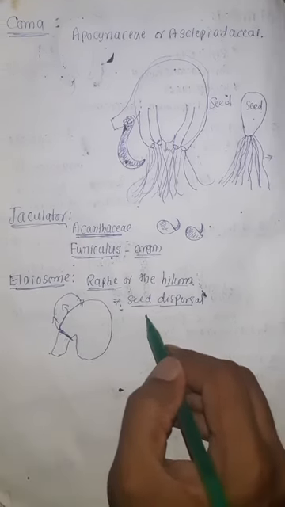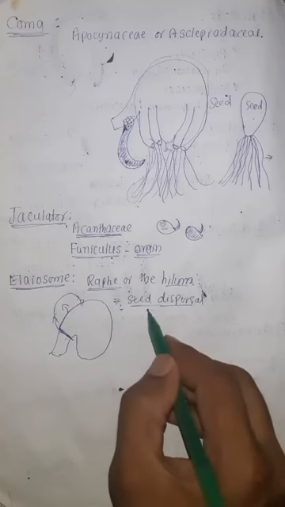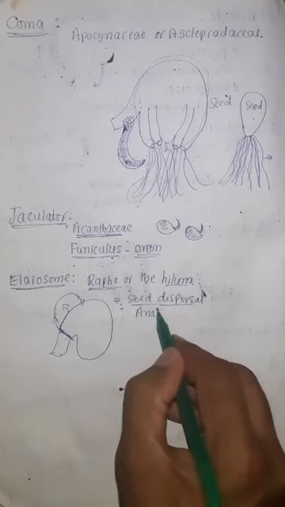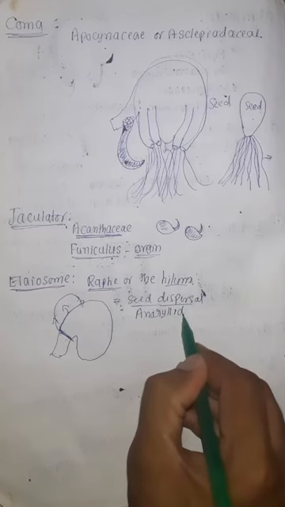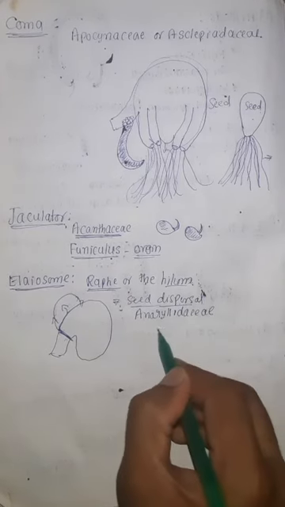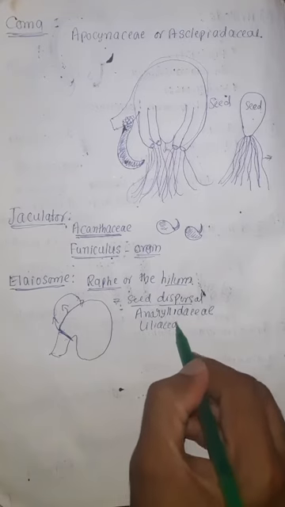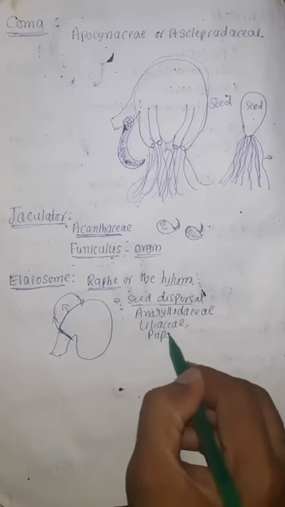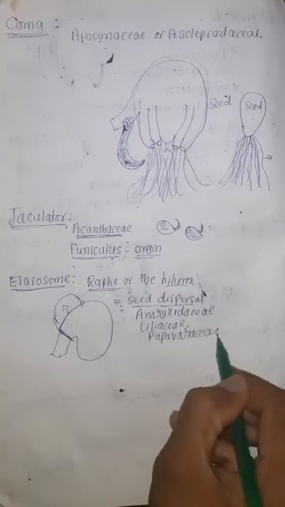These elaiosome structures we can see in the families Amaryllidaceae, Liliaceae and Papaveraceae.